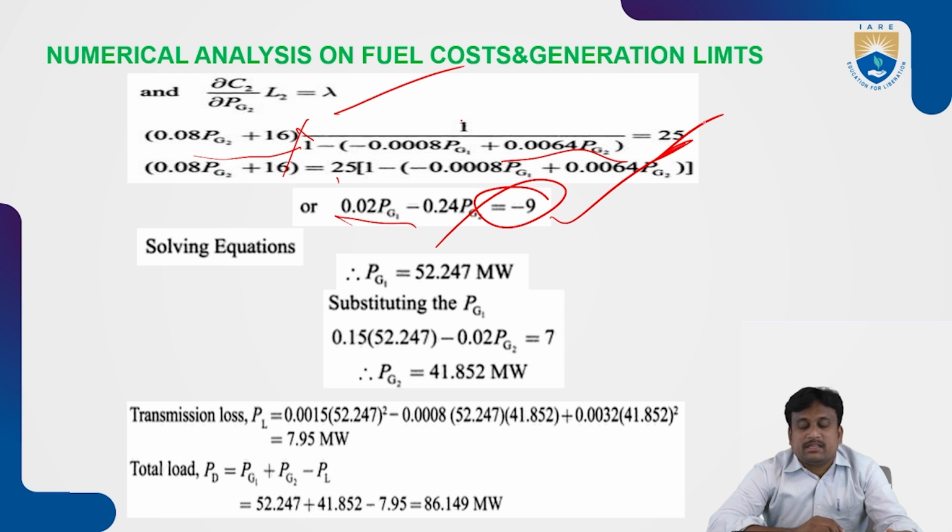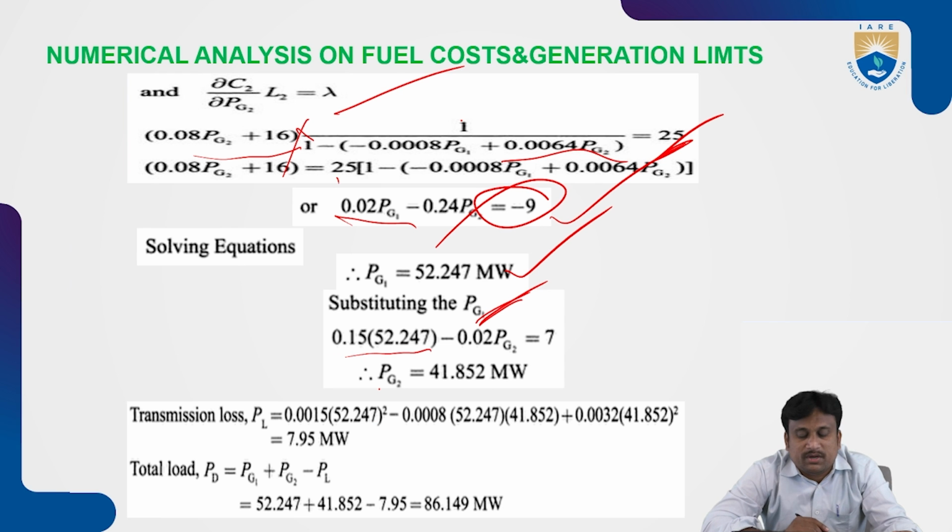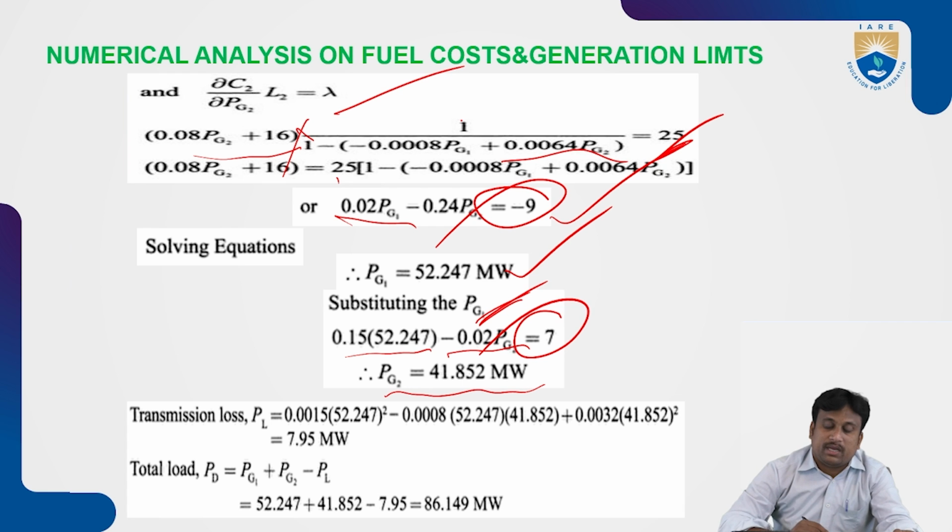Now solving the expressions, you may obtain Pg1 equals 52.247 megawatts. Substituting this Pg1, 0.15 times 52.247 minus 0.02 Pg2 equals 7. Therefore the Pg2 value is 41.852 megawatts.